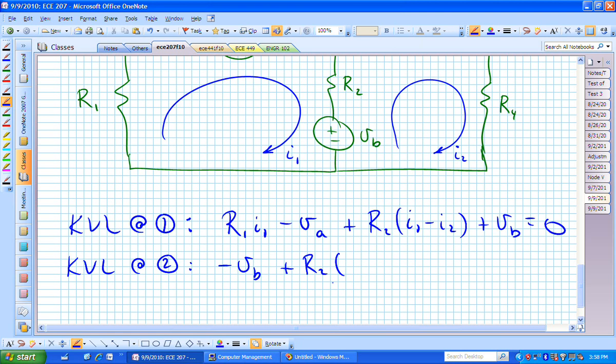We want the positive drop to be from bottom to top. It's now I sub 2 minus I sub 1 plus, was there another resistor up there hiding? R sub 3 I sub 2 plus R sub 4 I sub 2 equaling 0. That's what I was looking for.